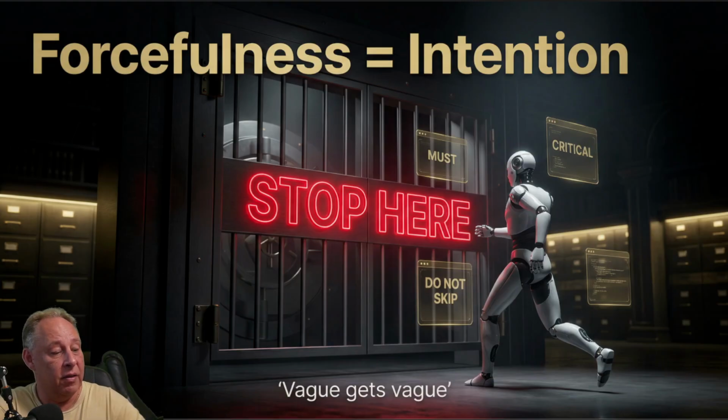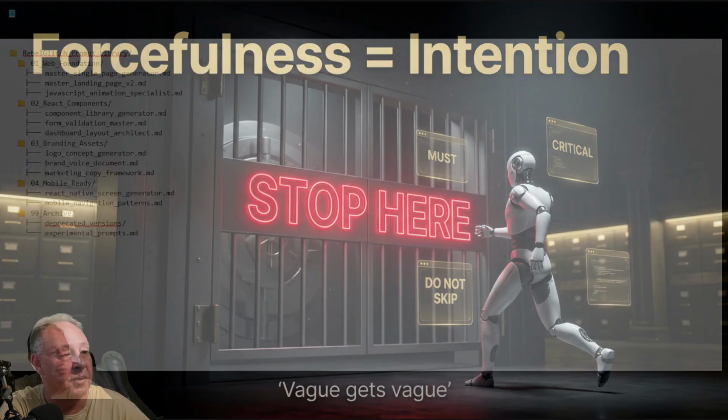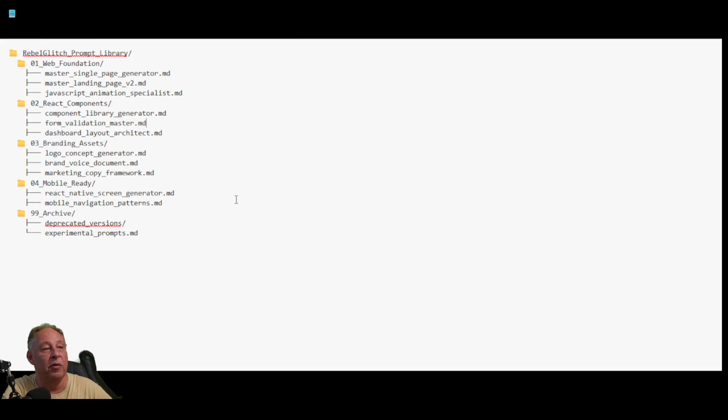So now the first thing is forceful equals intention. Now, AI loves to assume things. AI loves to do things like reading between the lines.